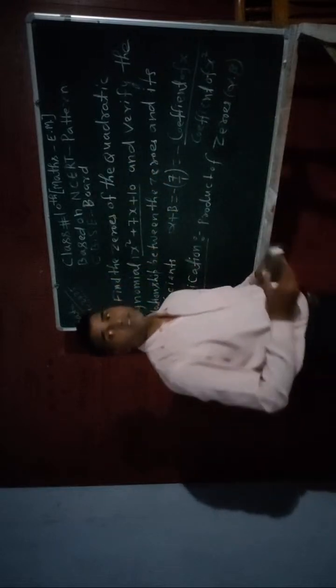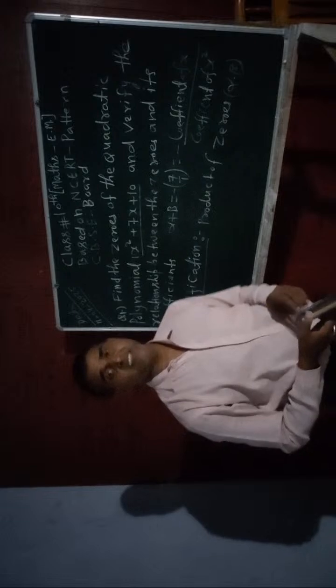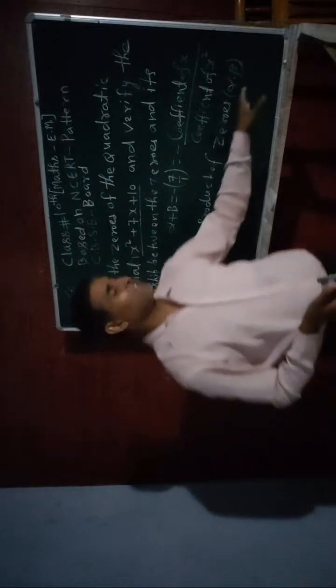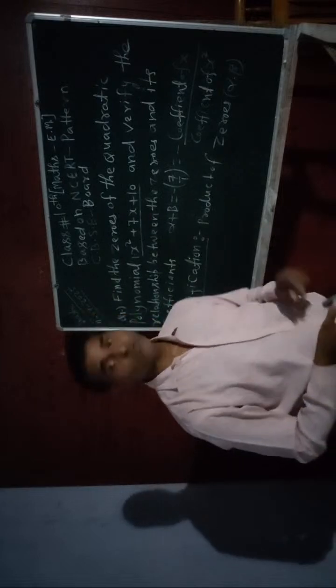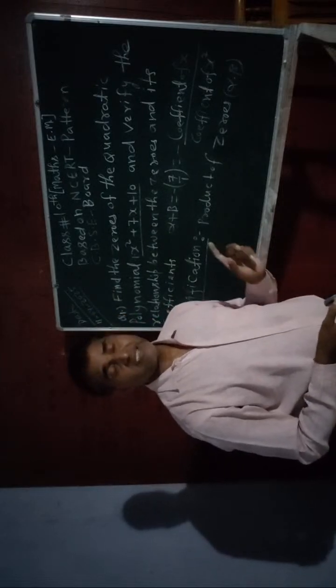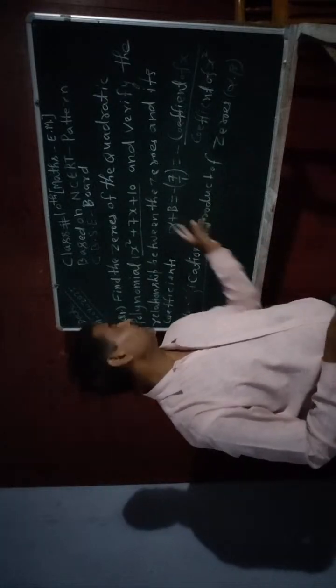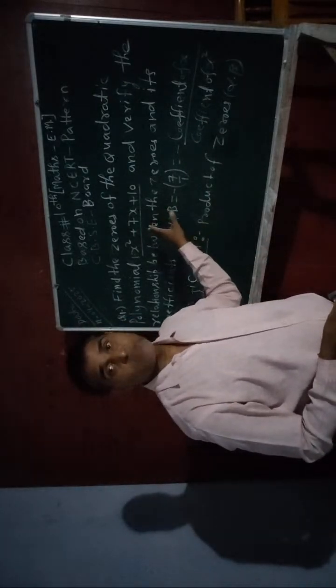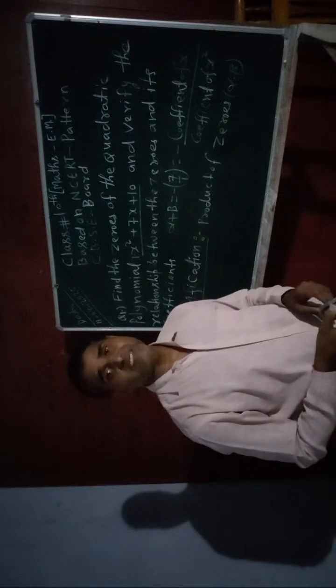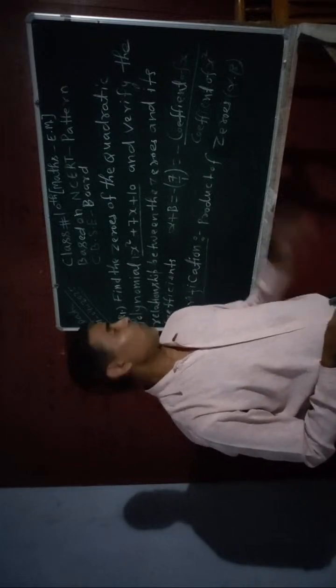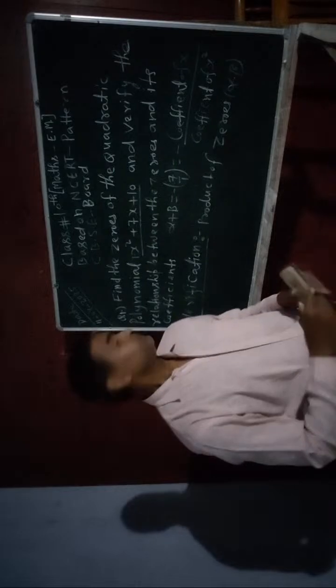Alpha is one zero value and beta is another zero value. In other words, alpha is a root of that quadratic equation and beta is also a root of the given quadratic equation. It means the given quadratic polynomial intersects the x-axis at two different points.